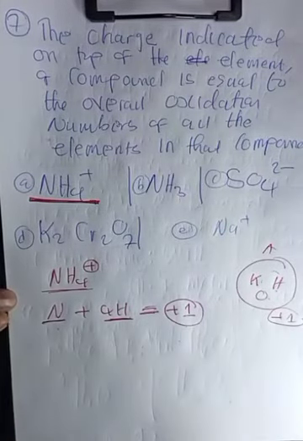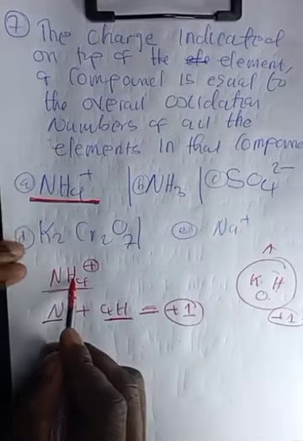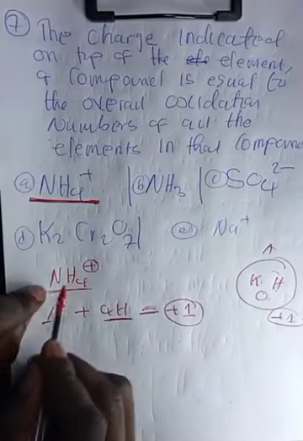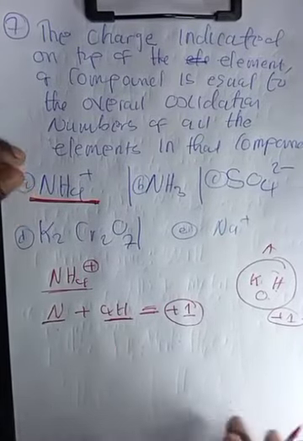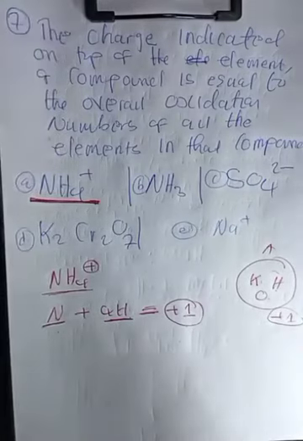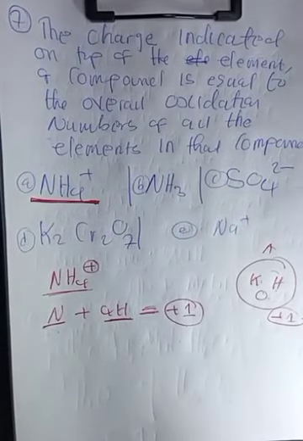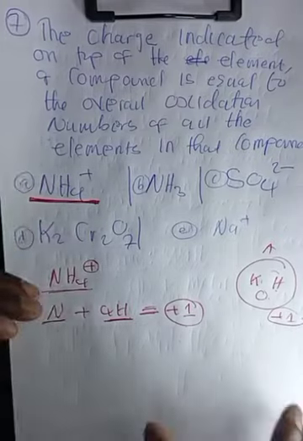This is important in terms of calculation. If you don't know these 7 rules I've told you, then you face a challenge. I always want students to say positive to indicate the charge. Is it -1 or +1? So it's +1. Good.